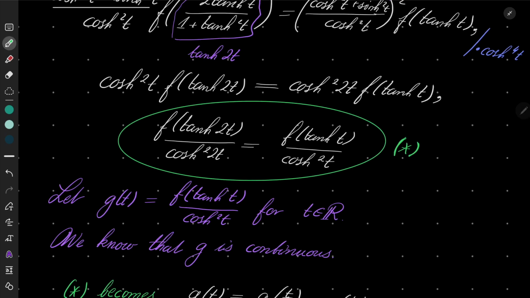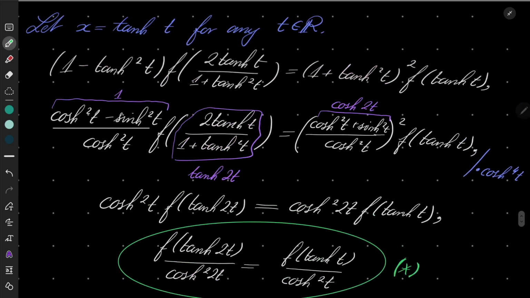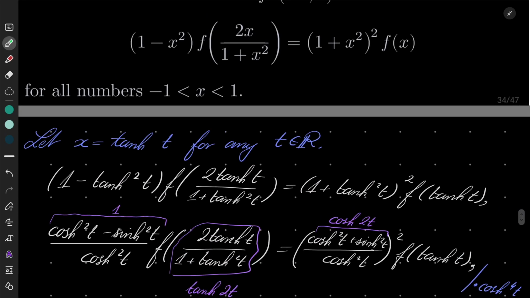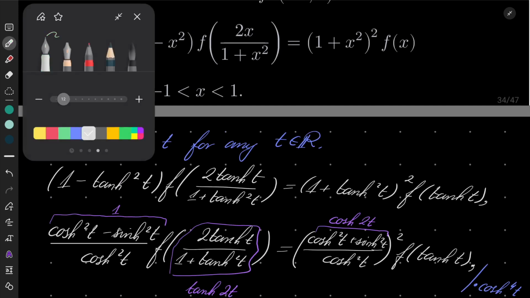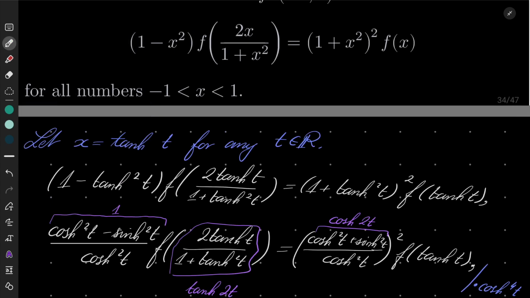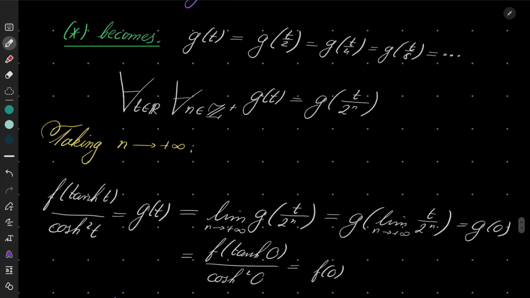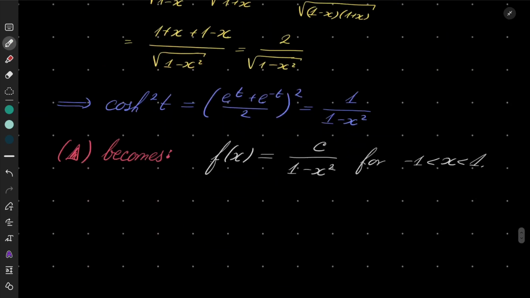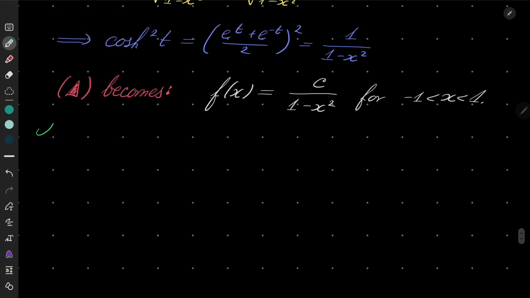But whatever, I will verify the very first equation. So I will take my very first equation and plug in my function which I got. Okay, so let's do verification.